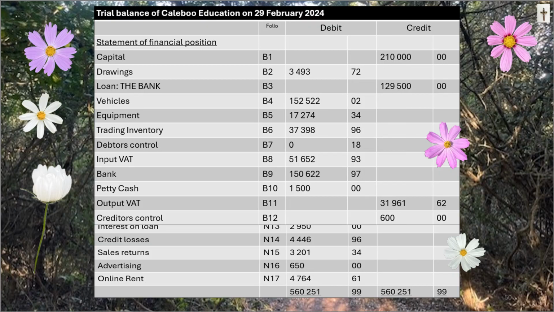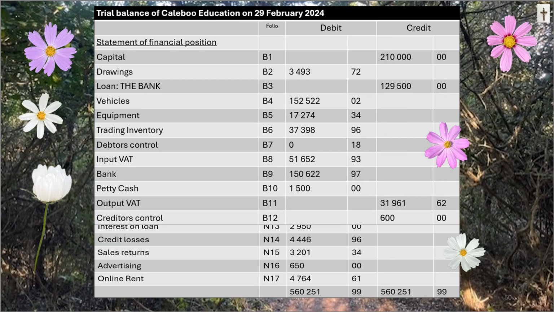A pre-adjusted trial balance is actually the trial balance on the last day of the financial year before adjustments are made. But we will continue with adjustments at a future date. What I just want to show to you is a trial balance, a pre-adjusted trial balance, meaning before adjustments.